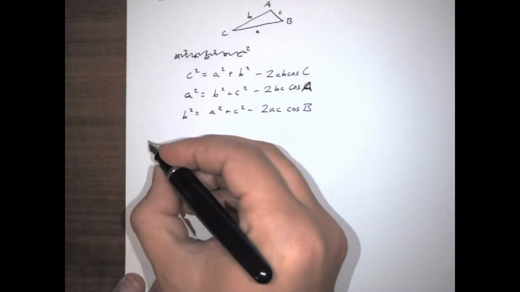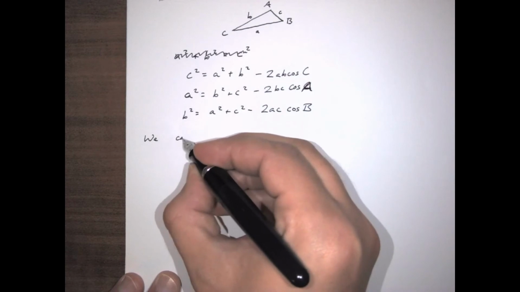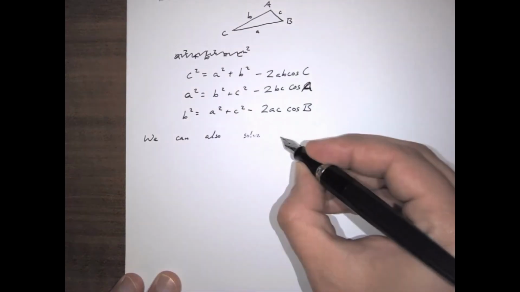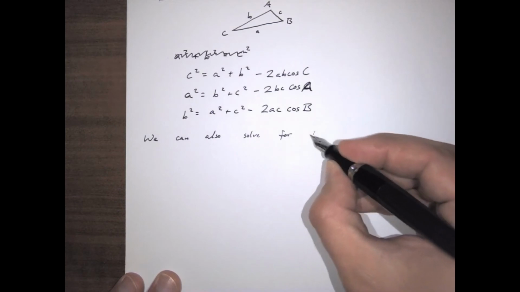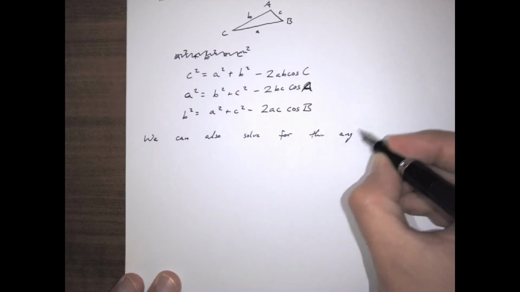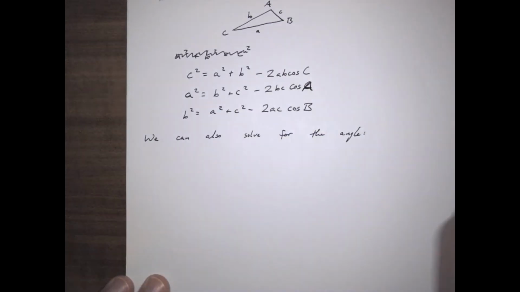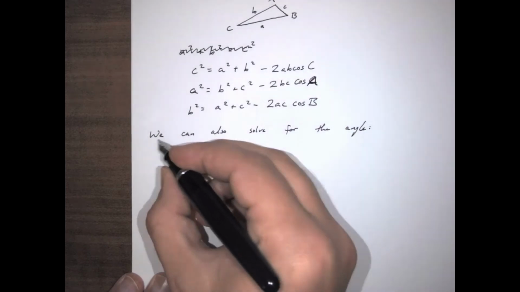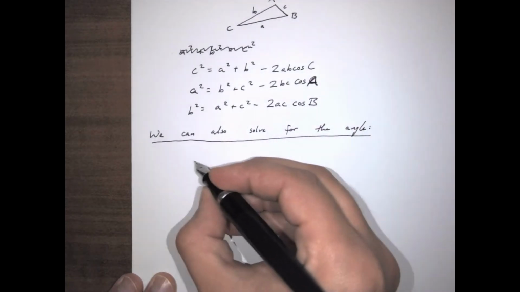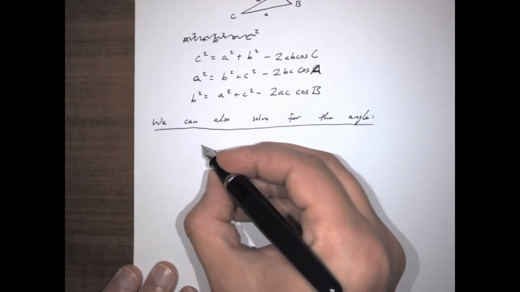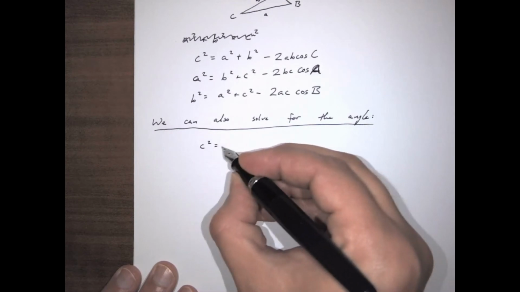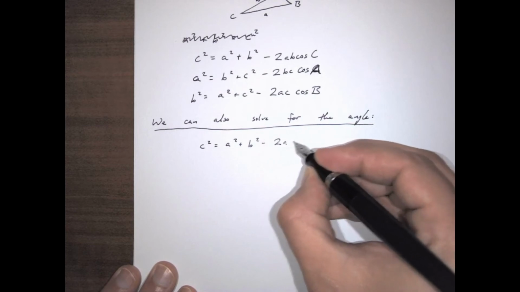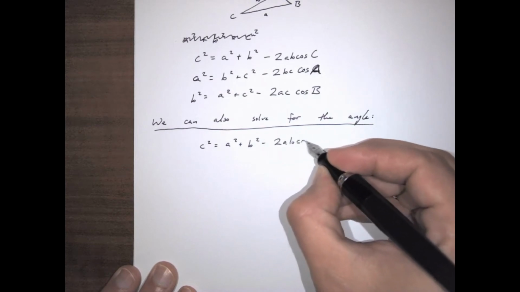And then we can also solve for the angle, and if we do that, what we would get would be this. So we'll just take the top one there, c squared equals a squared plus b squared minus 2ab cosine c.